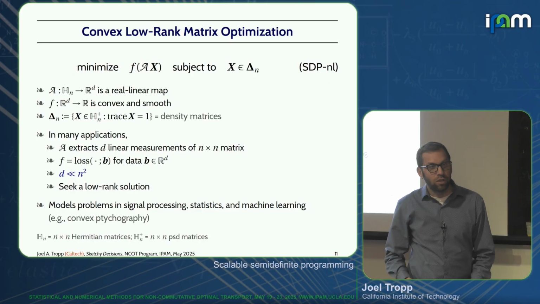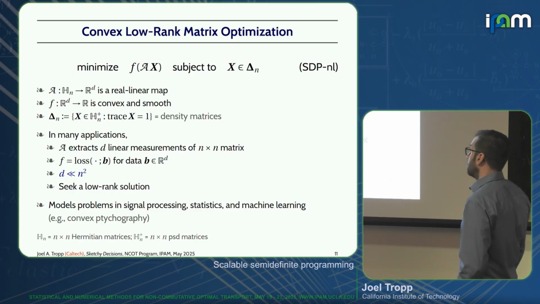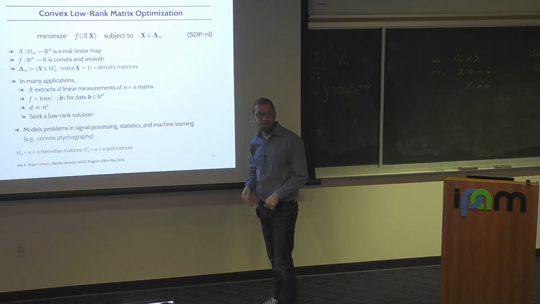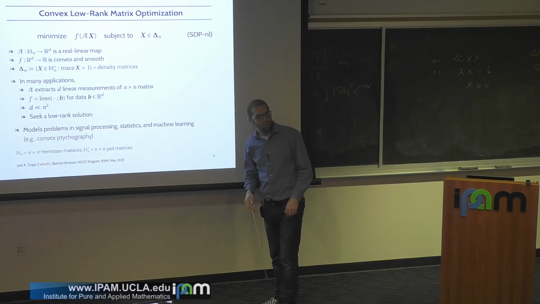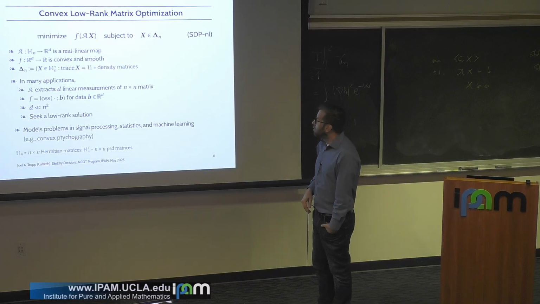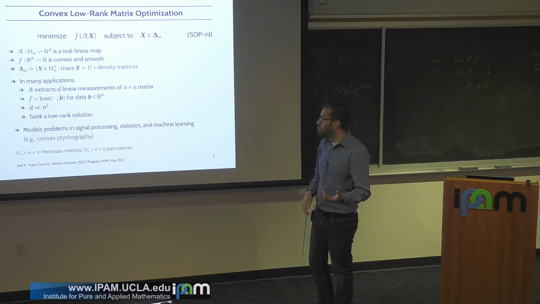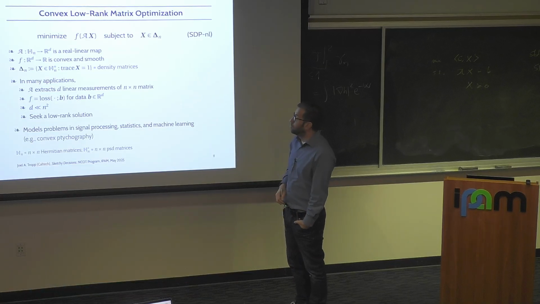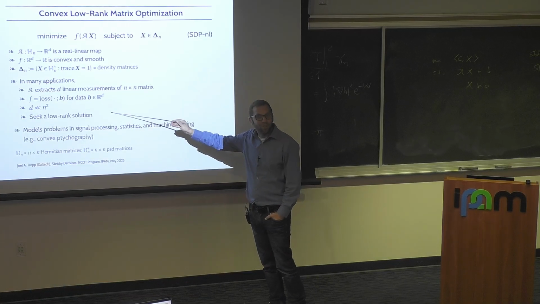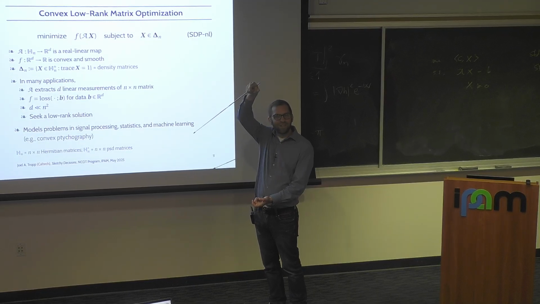And last, our goal is going to be to produce a low-rank solution to this optimization problem under the theory that in a lot of cases it has a low-rank solution. And low-rank solutions not only have interpretability or benefits for the problems where these arise, but they are also more efficient to store because low-rank matrices don't have a lot of degrees of freedom.